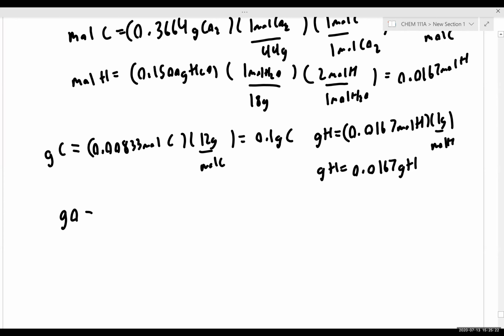Okay, perfect. So for our grams of oxygen, we're going to take our total mass, which is 0.2500 grams, minus the mass of carbon, which is 0.1 grams of carbon, minus the mass of hydrogen, which is 0.0167 grams of hydrogen.